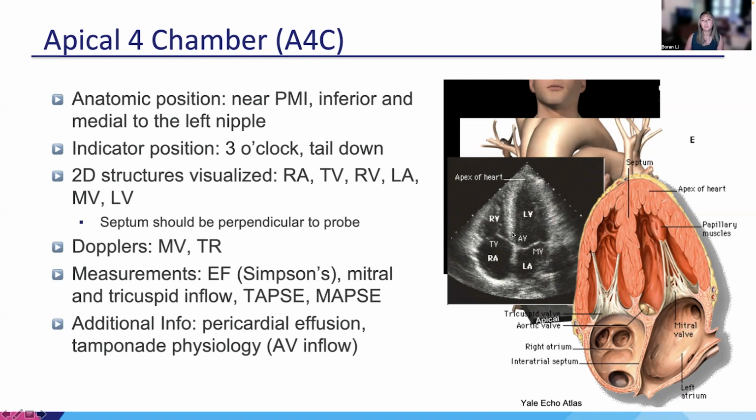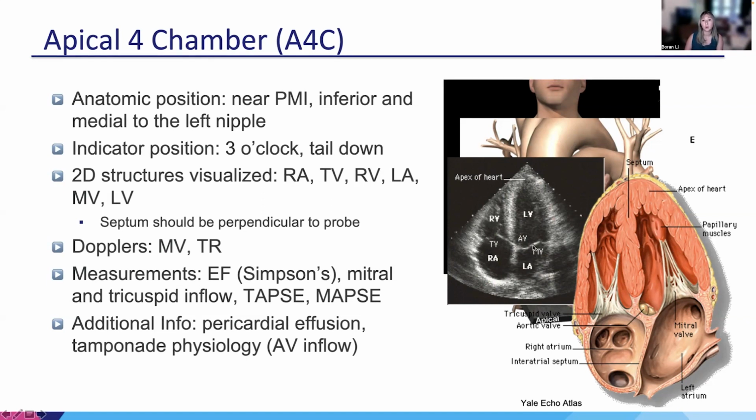But you want to try to avoid having it too far out or not even being at the apex, because then you risk foreshortening the picture, right? If you were to catch the ventricle here versus here, then you would be misrepresenting the geometry of the LV, and therefore miscalculating the EF, which is ejection fraction, which the machine will do the math for you.